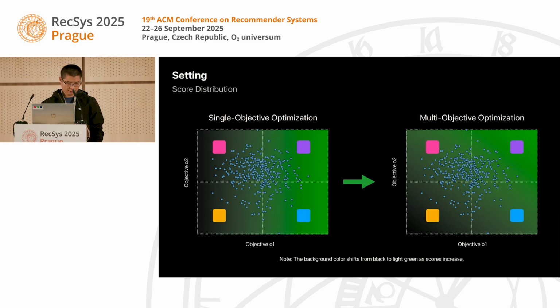On the right-hand side is a balanced score distribution for multi-objective optimization. Items are considered optimal only if they perform well on both objectives. Our scalarized framework is designed to find a uniform score that reflects this joint optimality. Handing over to Sophia to go over the details.